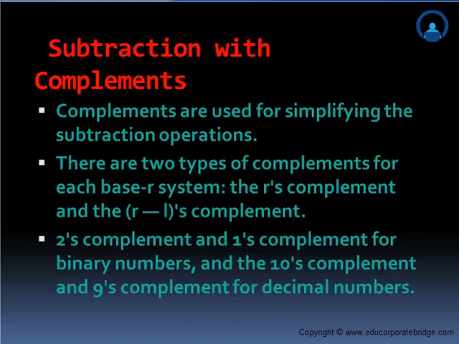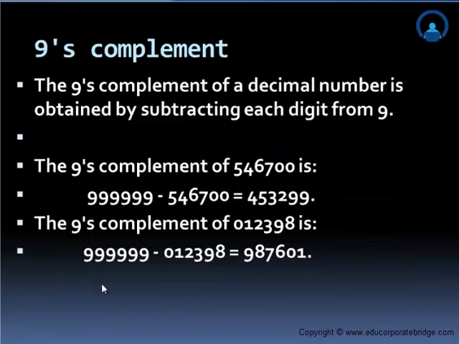So for binary numbers we have the 2's complement and 1's complement, and for decimal numbers we have the 10's complement and 9's complement. That is, R's complement is 10 and R minus 1 complement is 9 for decimal numbers. We'll study in detail the procedure for finding complements.